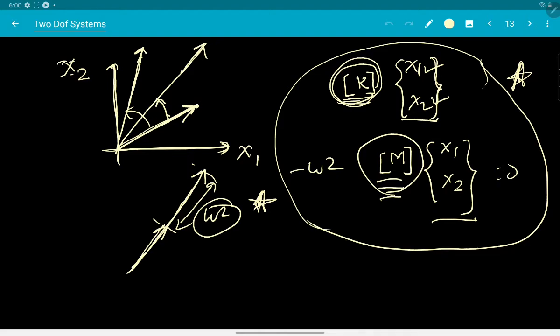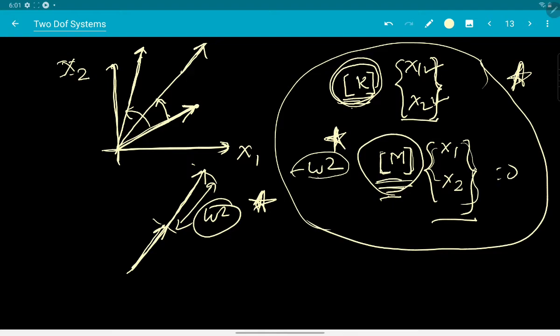Pre-multiplication by k of x1 and x2, that is the displacement vector, takes you to another vector. What it does is scale the vector, and it also rotates it. Similarly, pre-multiplying by the inertia, that is the mass matrix, also takes you to another vector. When you multiply further by omega square, that is scaling. Omega square is a scaling, but pre-multiplying by m rotates this vector and scales it.